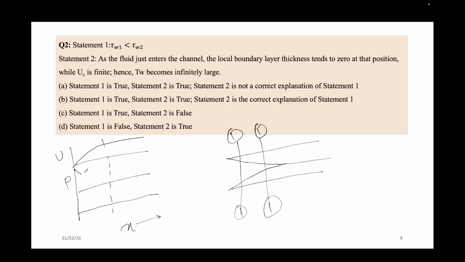In Bernoulli's equation three terms are there. If you ignore the datum line, or the potential term, there are two terms, one pressure term and one velocity term, and the sum of the two should be constant. So if the velocity term increases, the pressure term needs to decrease, it is inversely proportional.